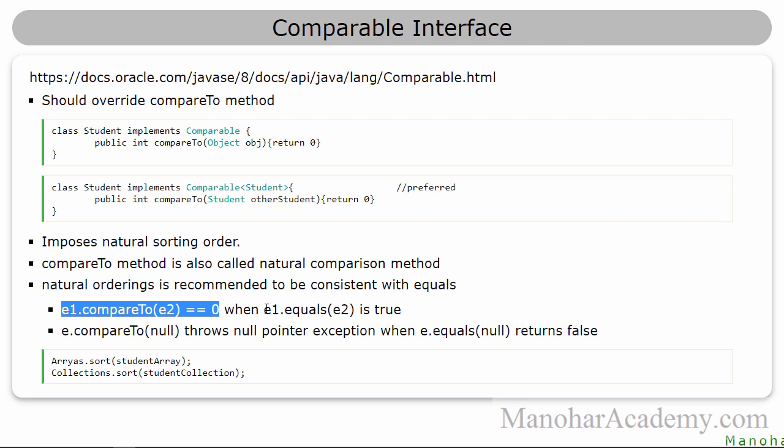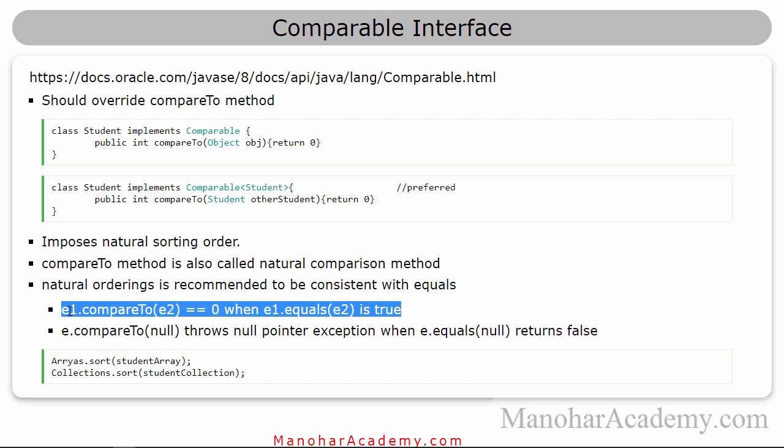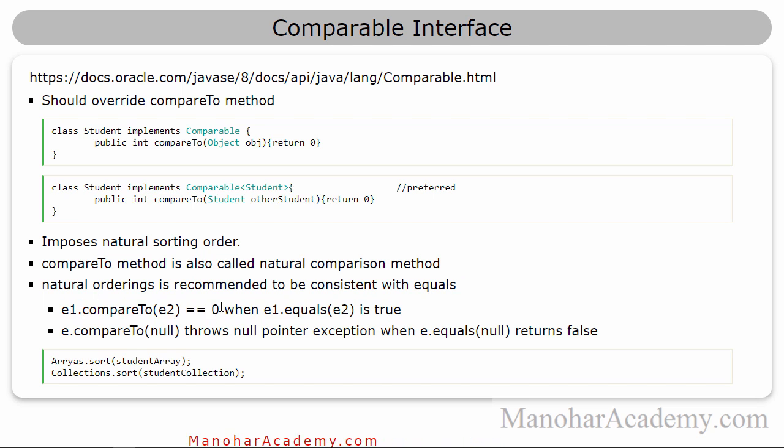That is the same thing stated in the equals method: if the two objects are equal, it should return true. So this should be satisfied. If you are returning 0 and e1.equals(e2) is returning false, then we are not consistent. To be consistent, the compareTo method should always return 0 whenever the equals method returns true.